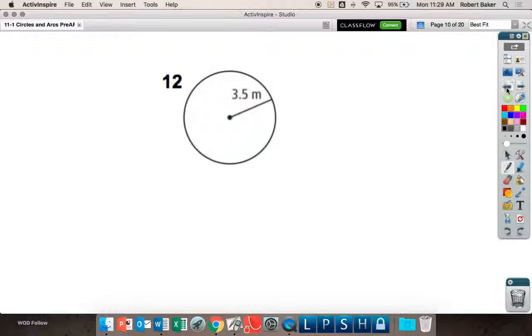What is the circumference of the circle? What did you say it was? 7 pi. Meters. Oh man, 7 pi meters. All right, so now we're getting into the measurements where your units matter. My bad, I skipped out on the first like 10 of them.